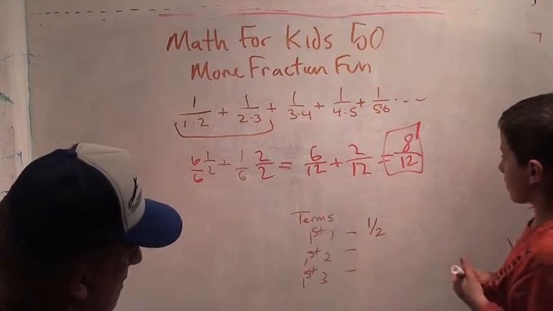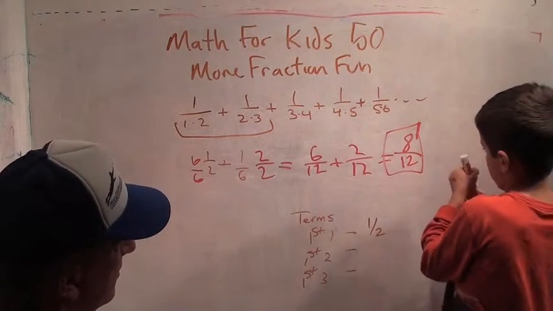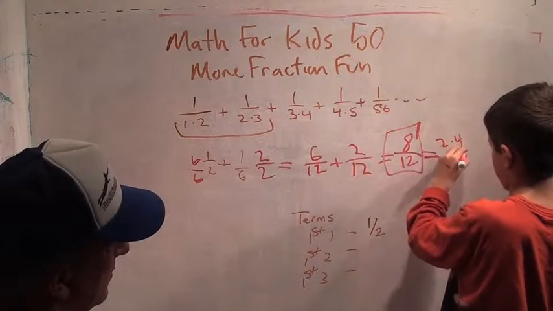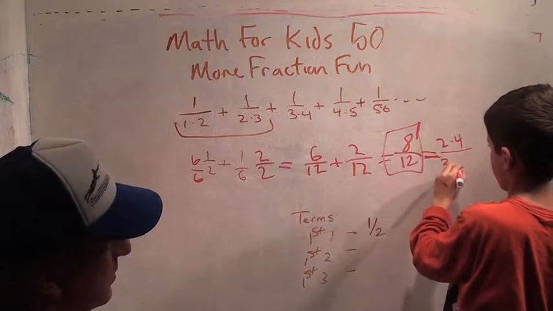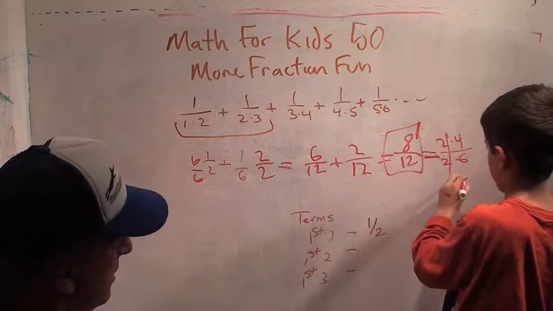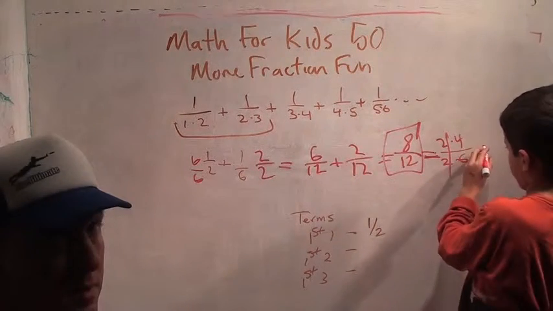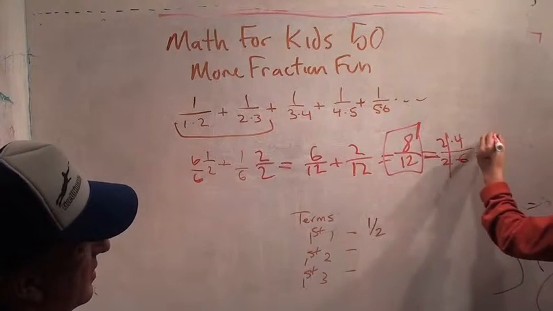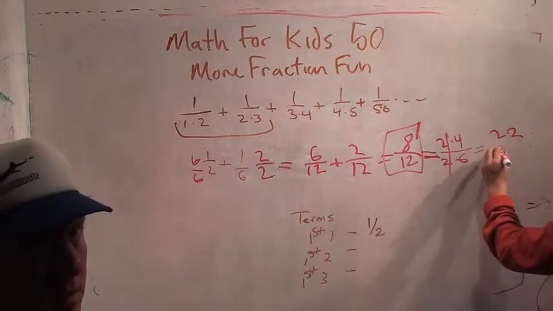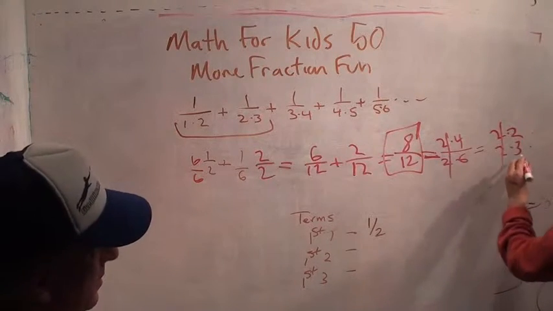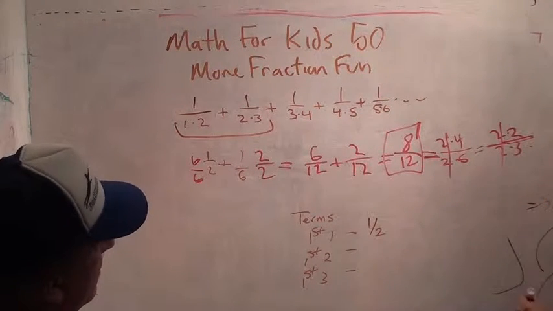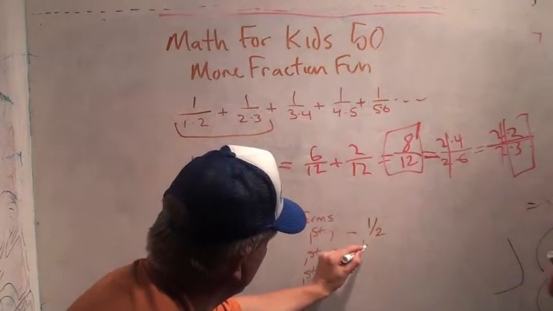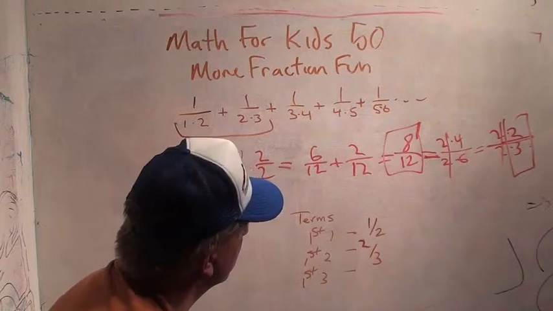And that can be simplified: 2 times 4 over 2 times 6, so it's 4/6. That can still be simplified: 4/6 is the same as 2 over 2 times 3, which is 2/3. So the first 2 terms add up to 2/3.